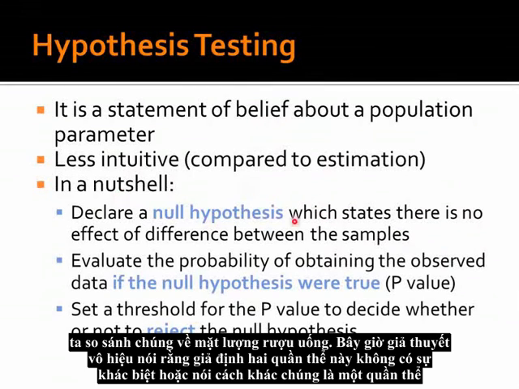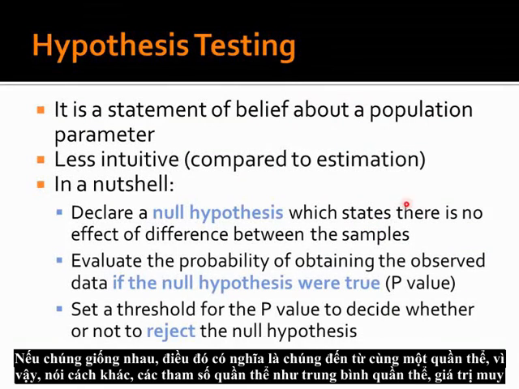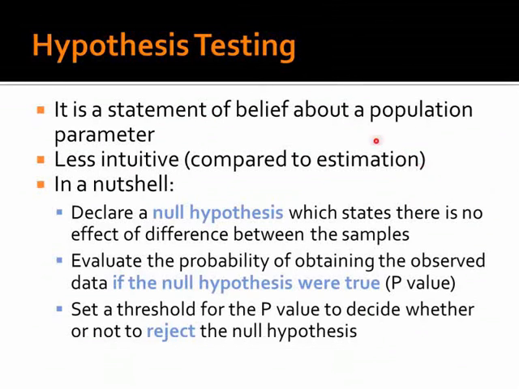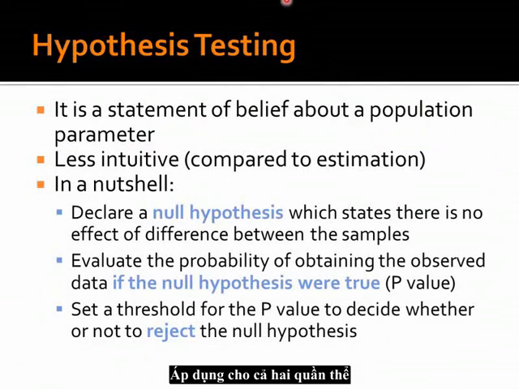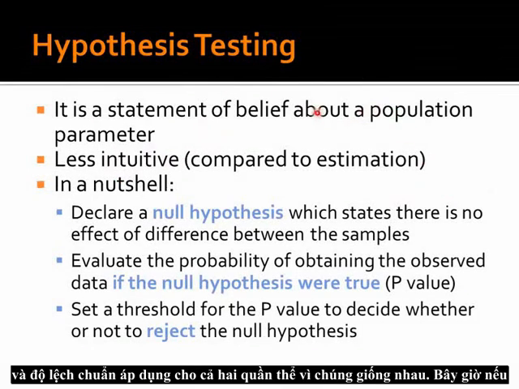Now your null hypothesis states that I assume there is no difference between them, or in other words, they are one and the same. If they're one and the same, that means they come from the same population. So the population parameters, the mean, the mu value, applies to both populations because they are the same. And the standard deviation applies to both populations because they are the same.